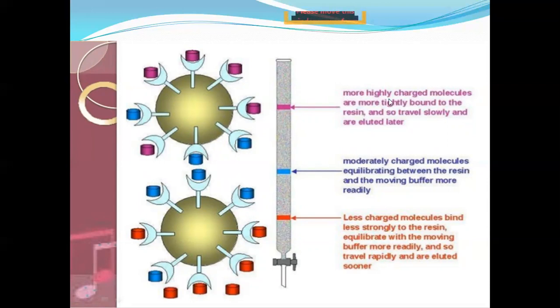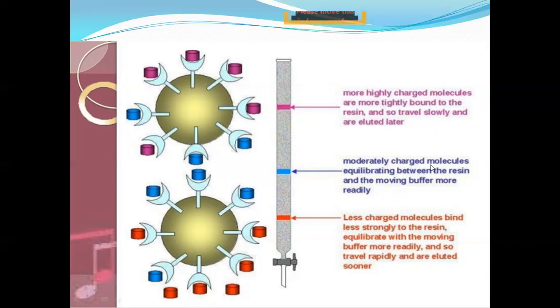So here, the more highly charged molecules are tightly bound to the resin. If we have different ions in our reaction mixture, say one is highly charged, that means +3, another is +2, and the second one +1, then the highly charged one will bind firmly with the negatively charged portion of the resin.